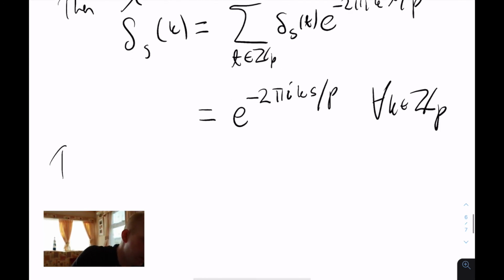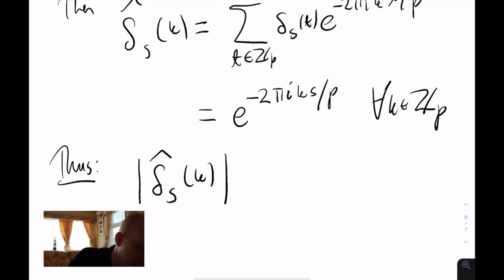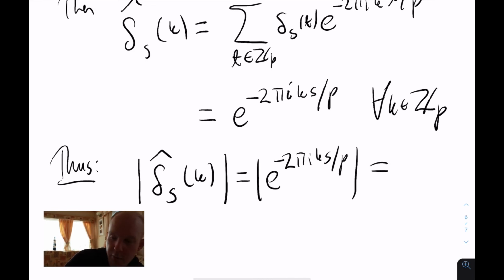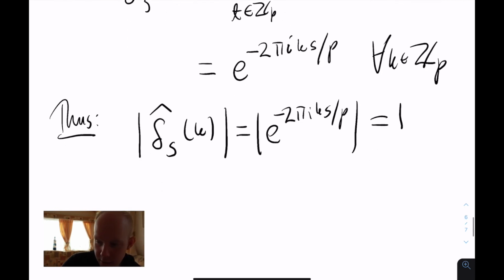Thus, in particular, if you take the absolute value of the Fourier transform of delta s at k, which is the absolute value of e to the power minus 2 pi i k s over p, then this is equal to 1 for every k in Zp.